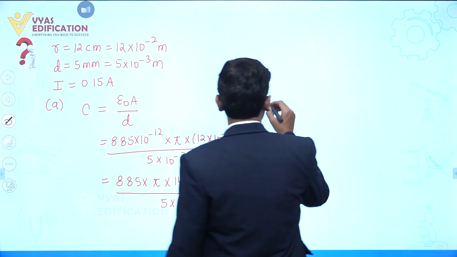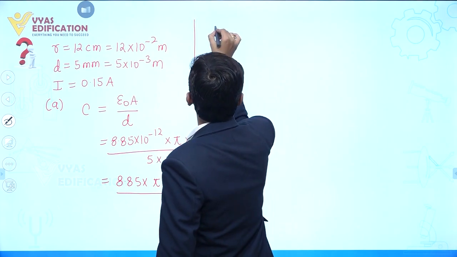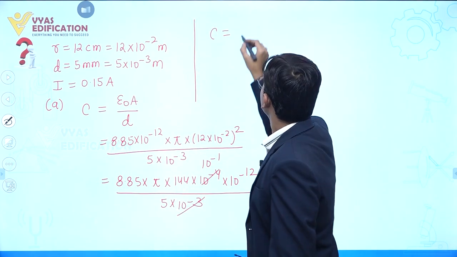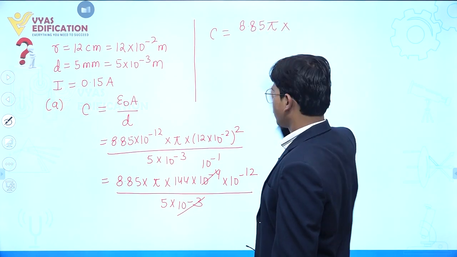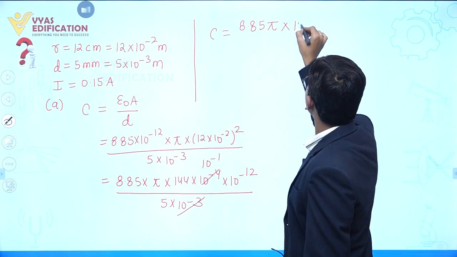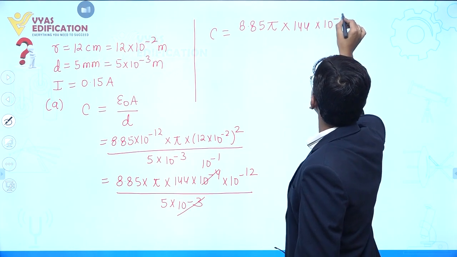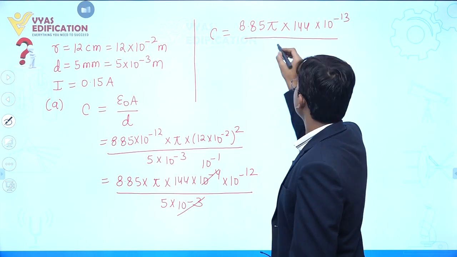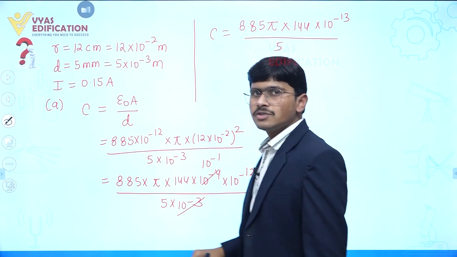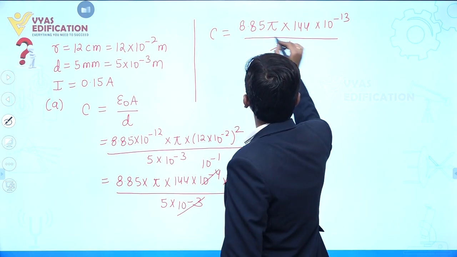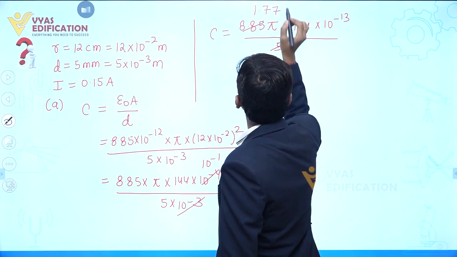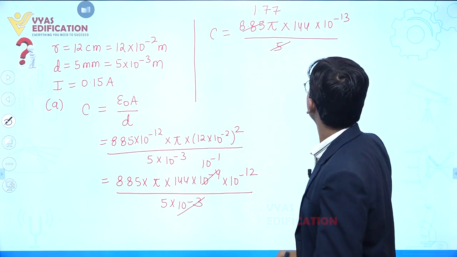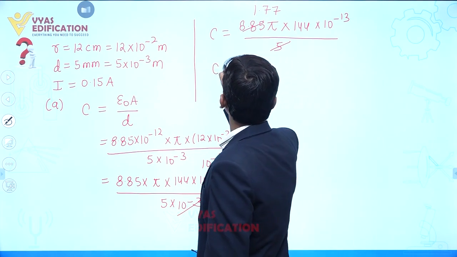So the value of capacitance C is given by 8.85 multiply pi, 144 into 10 to the power minus 13, divided by 5. Clear? If you solve it, 8.85 by 5 gives 1.77, so 1.77 pi into 144 into 10 to the power minus 13.